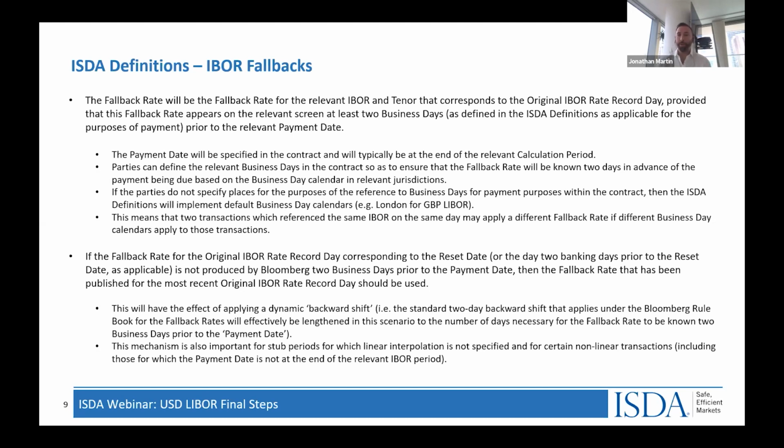Note that if linear interpolation applies, you don't interpolate between, say, the 1 month fallback rate and the 3 month fallback rate. At the time of devising these, it was decided that would be way overly complicated. And actually, it would be economically really nonsensical, because of the application of the cutoff, the 3 month rate would actually be backward shifted by approximately 30 days.